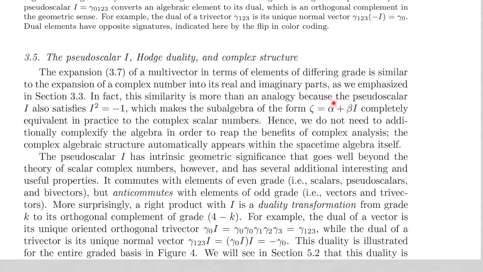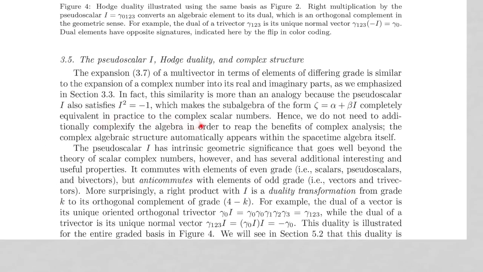But a subalgebra of the form alpha plus beta I is completely equivalent in practice to the complex scalar numbers. Hence, we do not need to additionally complexify the algebra in order to reap the benefits of complex analysis. The complex algebraic structure automatically appears within the spacetime algebra itself. So that just means we have access to complex numbers inside the spacetime algebra.